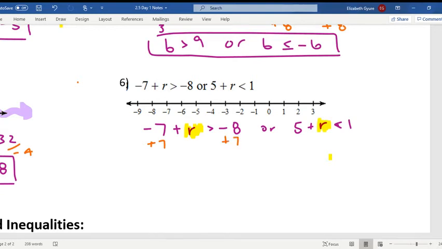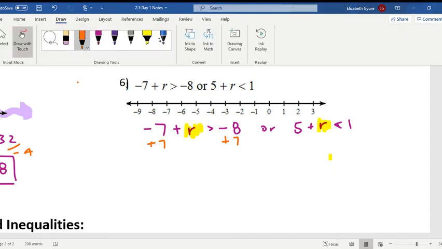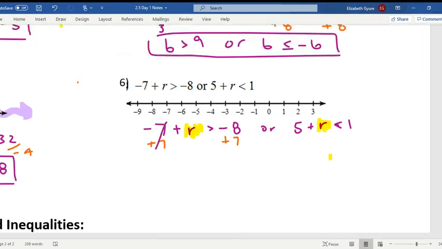Because if you also think about this, if you took -7 minus 7, would that cancel? No. Exactly. All right, so our 7s will cancel and you'll have r is greater than, what is -8 plus 7? -1, good.